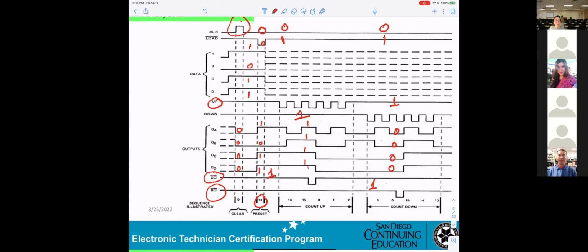So I'm looking at the borrow output. When they go 0, I know the counter reached 0. That's just used to connect to the next device. When they monitor the BO, if they see 0, they know the counter reached 0.